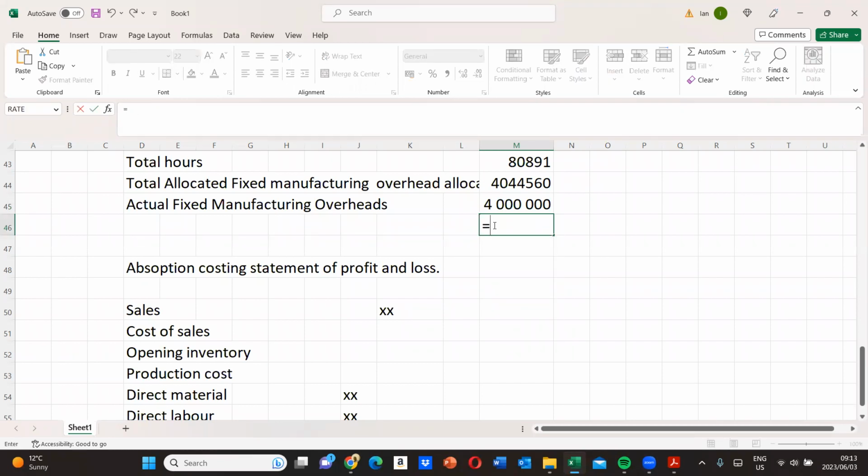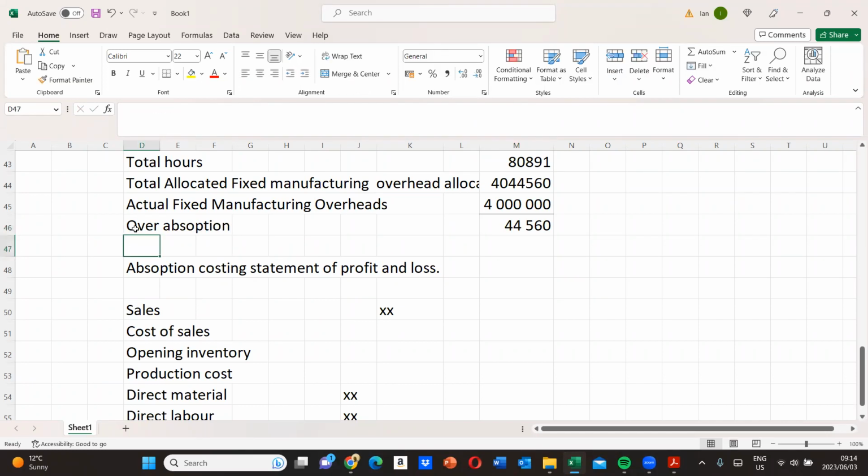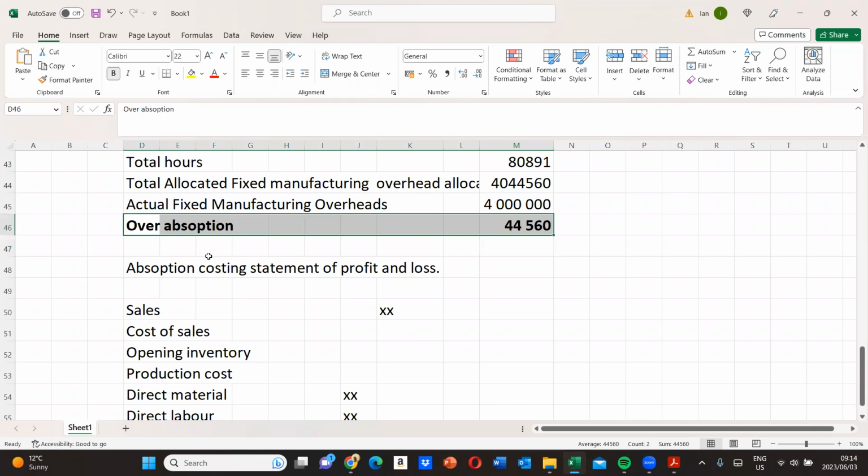Can you see you allocated more than you should have? Which means there is over absorption. You're sitting in an over absorption costing position because you allocated more fixed overheads than you should have actually allocated.